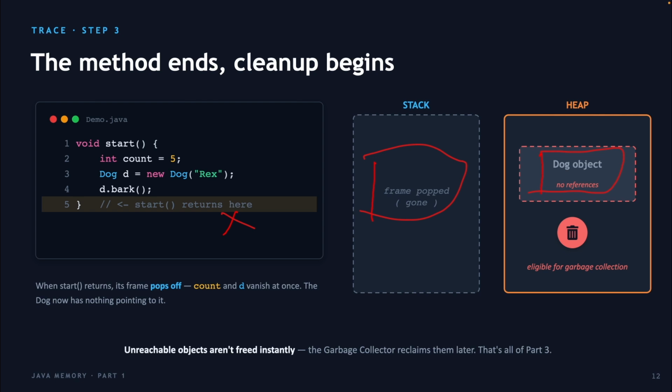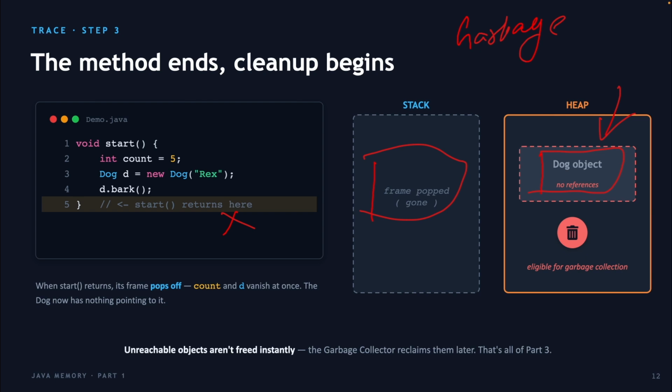So what is garbage? In heap memory, an unreachable object, one that no reference points to, is garbage. But Java does not necessarily delete this dog object immediately, even though it is garbage as of now.